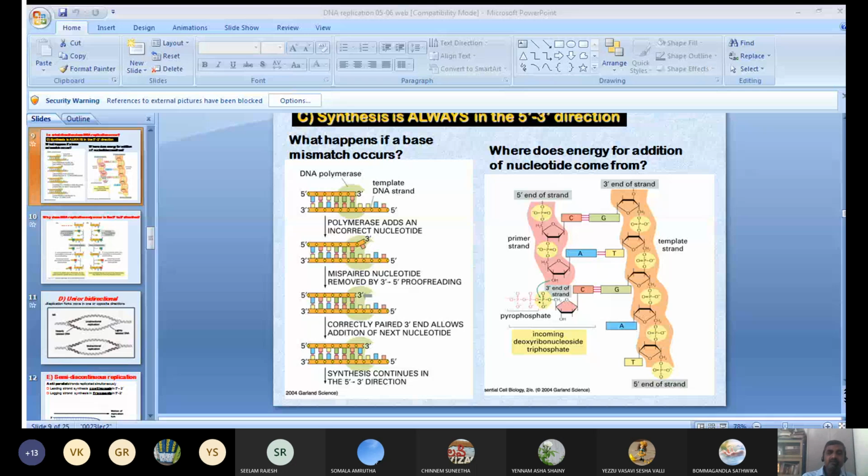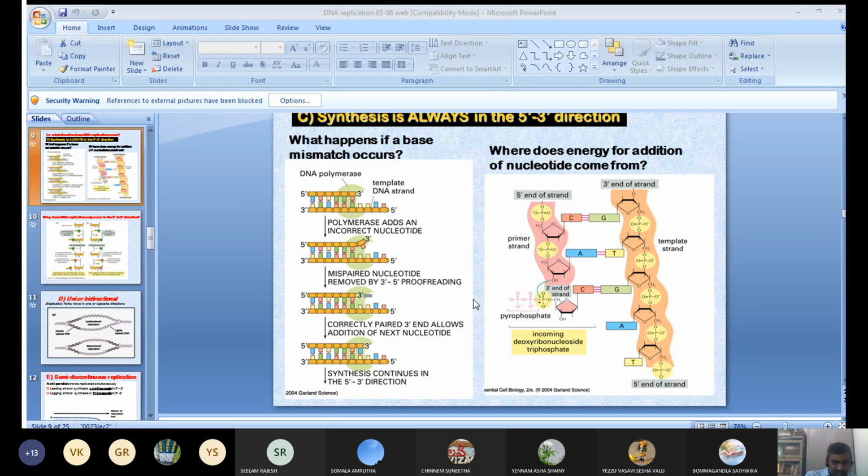It may be DNA or RNA, whatever nucleotide it is. Anyhow, the upcoming nucleotide always has a triphosphate at the 5' carbon. Out of all these three, only the alpha phosphate, which is immediately after the 5' carbon atom, is involved.